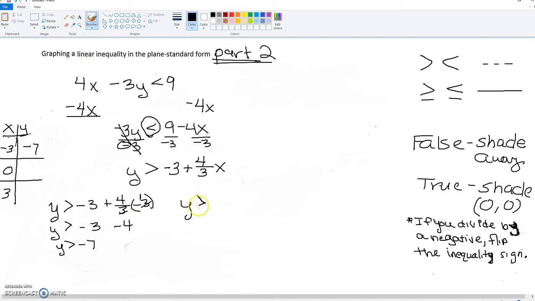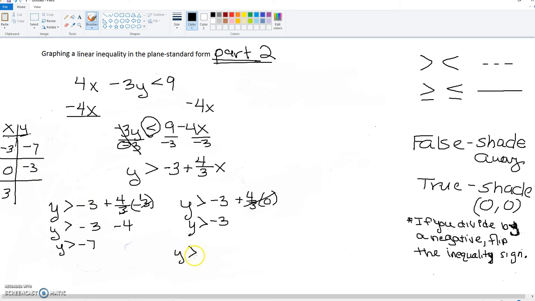Y is greater than negative 3 plus 4 over 3 times 0, which of course ends up being 0. So our middle one is negative 3. And I'll do this other one right underneath here.